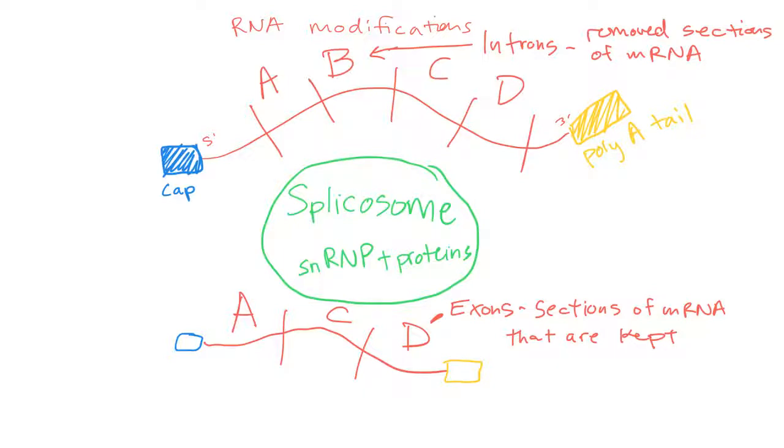So it cut B out and it kept A, C, and D. Okay?